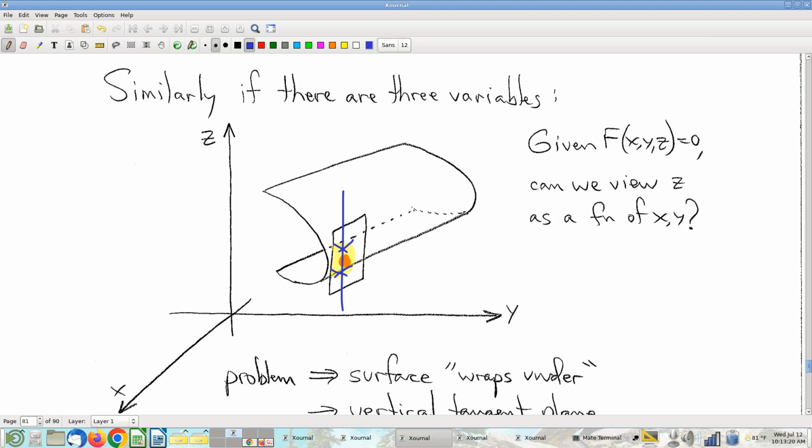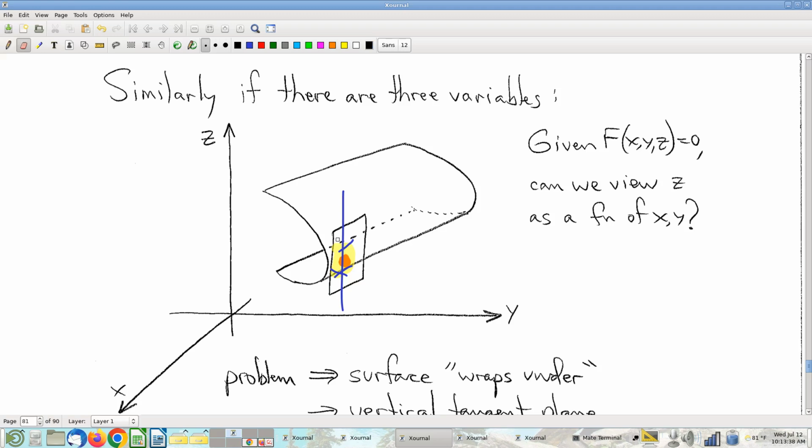No matter how small of a little yellow region, no matter how nearby that point you restrict your attention, it is at that instant in the process of wrapping under itself, and therefore you will not be able to treat z as a function.